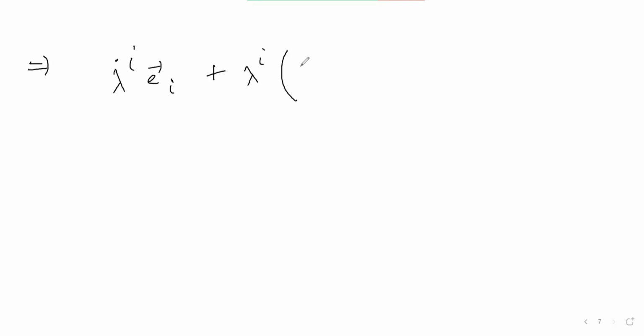It's u dot j multiplied by the Christoffel symbol k, ij, multiplied by e k. So we make the substitution in place of e dot i. And obviously, this is equal to the zero vector.